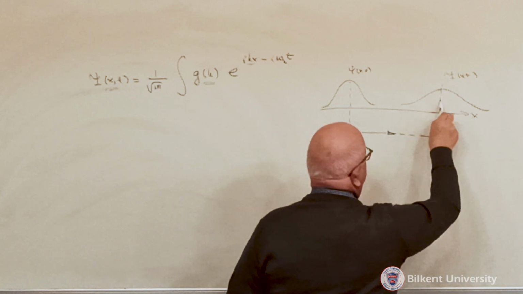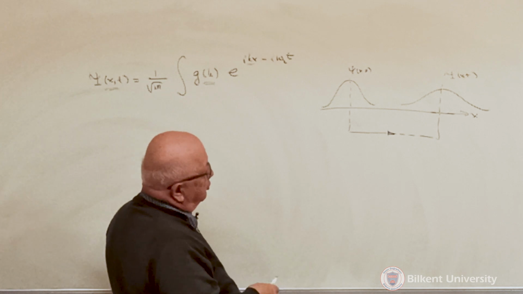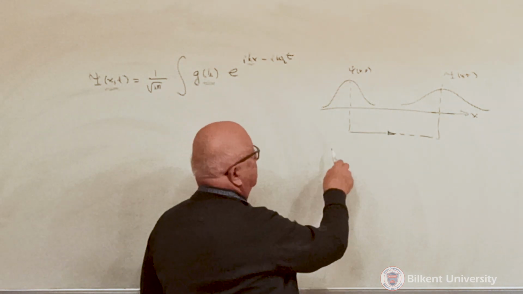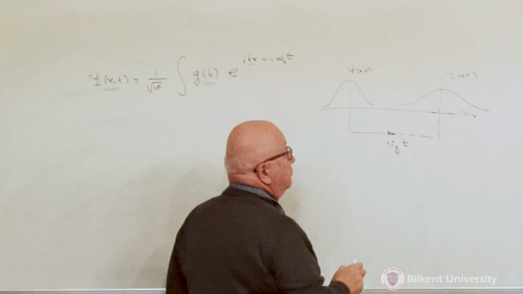Okay, it's moving with some form so that I can associate a velocity with it. So that velocity I am going to call V group, so that this is V group times t.